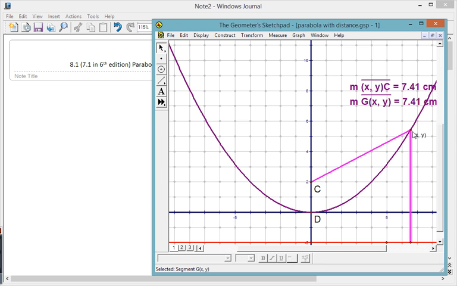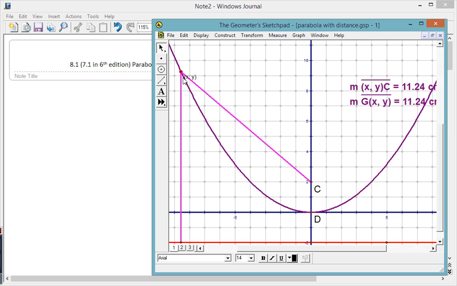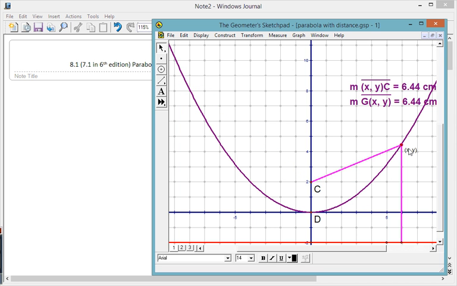Okay? And here I've made it show the distances or the lengths of that segment, and you see they're the same. So these are the set of points where they're the same. Okay? And it makes this parabola, and yes, it's the same parabola that we have talked about as a quadratic and everything else, right? So we'll look then at all the things that are the same.